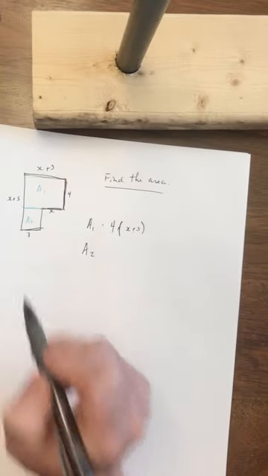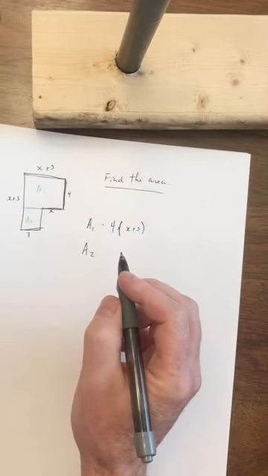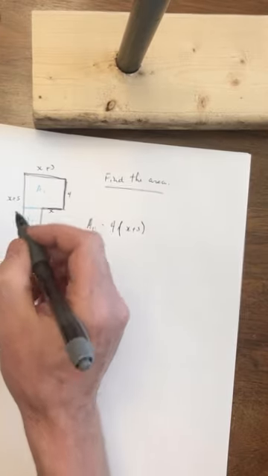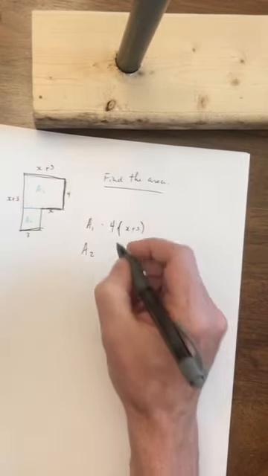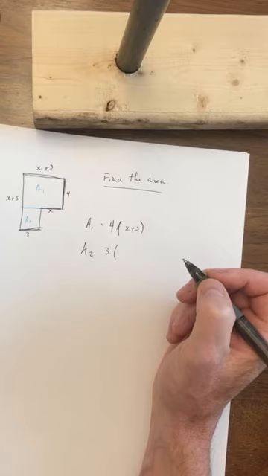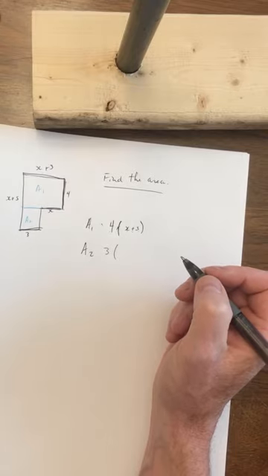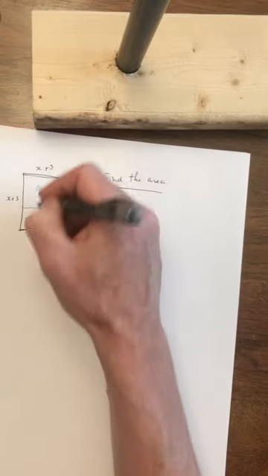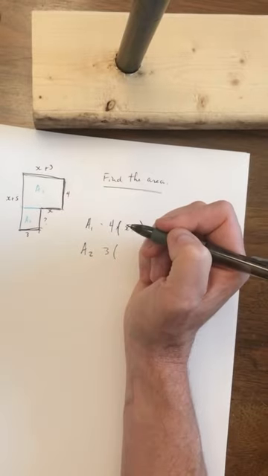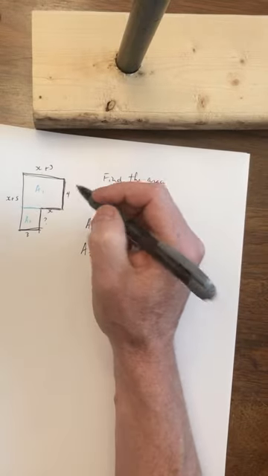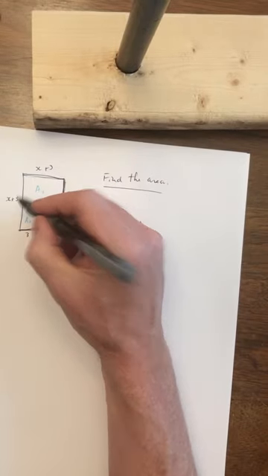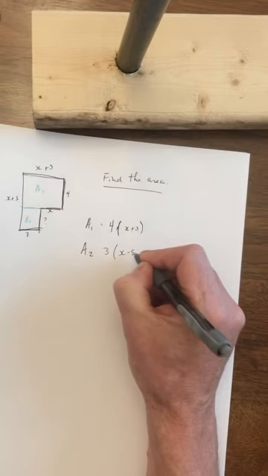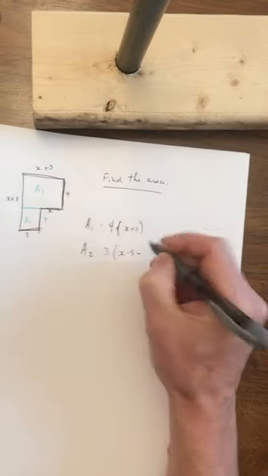In A2 here, we have a length of 3, and we have a width of, this distance here is gonna be x plus 5 minus 4.